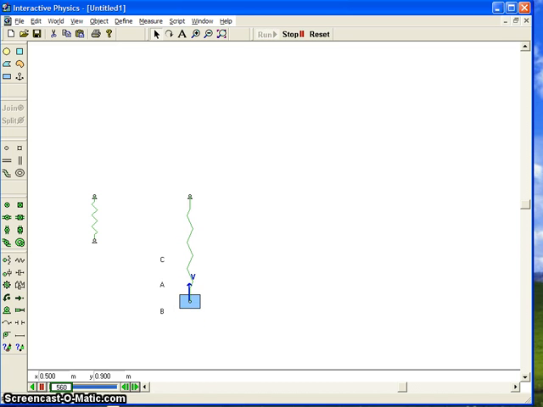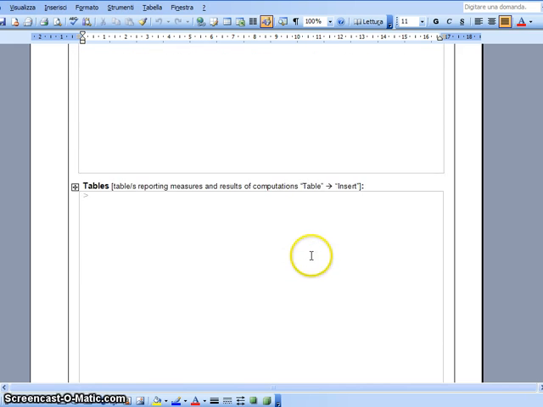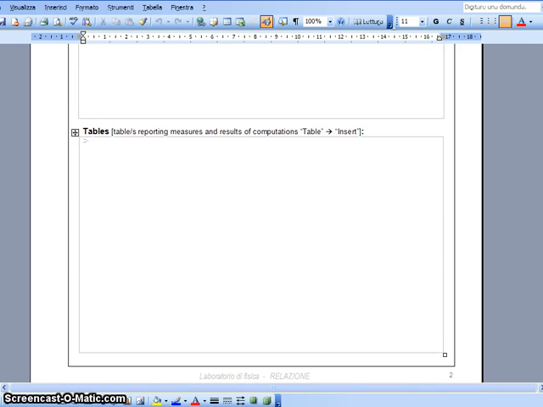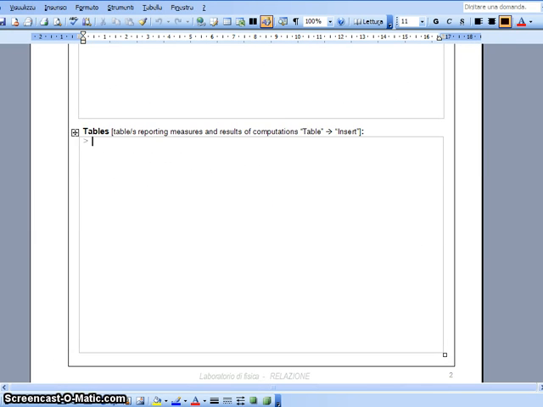You have to report the table of the measured quantities and computed quantities in this part.